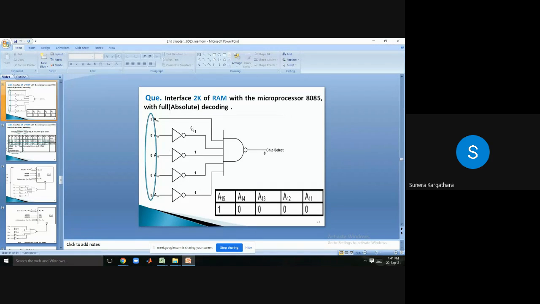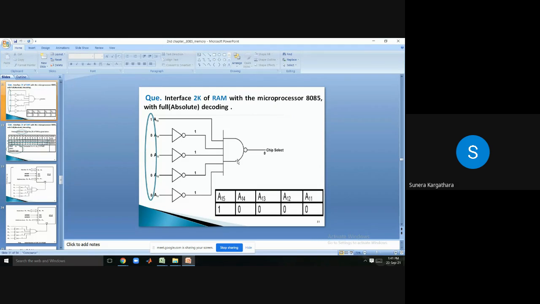Now students, you may wonder why we are putting inverters and everything over here. Generally two types of logic can be used to select your chip. One is using a gate and another is using a decoder.